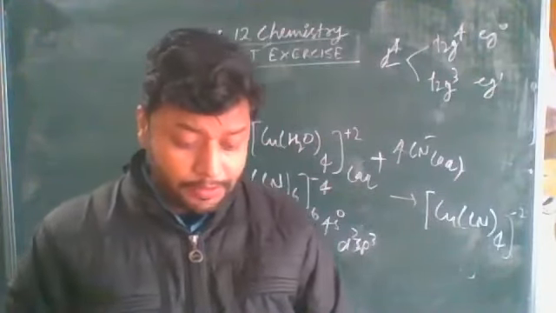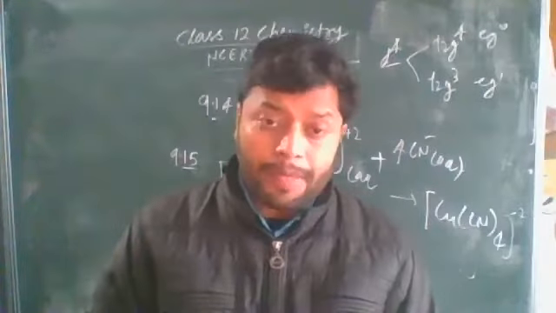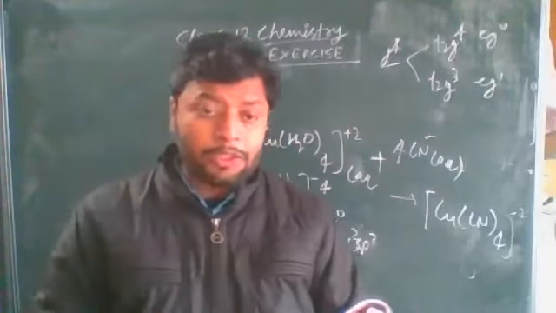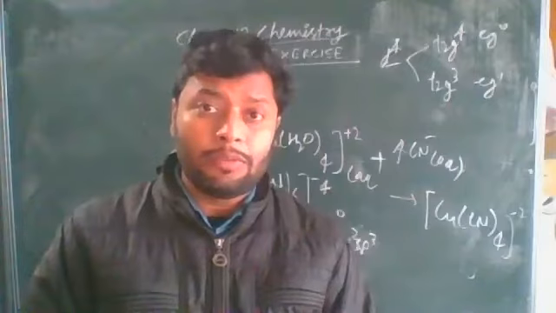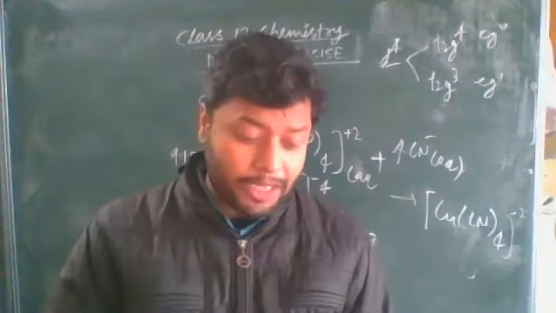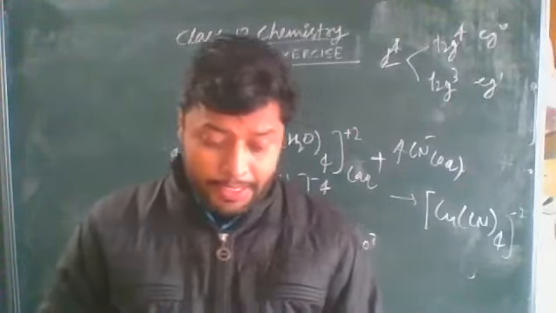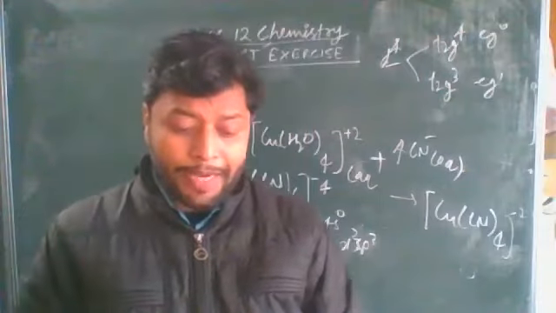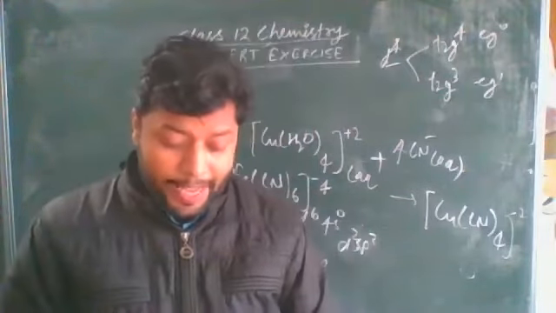Next question is about chromium. One complex is given: Cr(NH3)6 3+ is paramagnetic, while Ni(CN)4 2- is diamagnetic. Explain why.